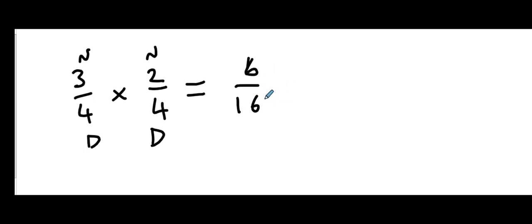Now we look at our answer and see if we can simplify it. Do 6 and 16 have any common factors? They do, and our common number in this case is 2. So we divide 2 into 6, which goes 3 times, and 2 into 16 goes in 8 times. And so our answer for 3/4 multiplied by 2/4 is 6/16, which we then simplified into 3 over 8.